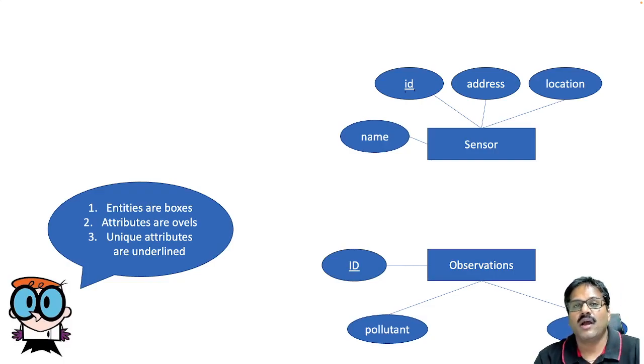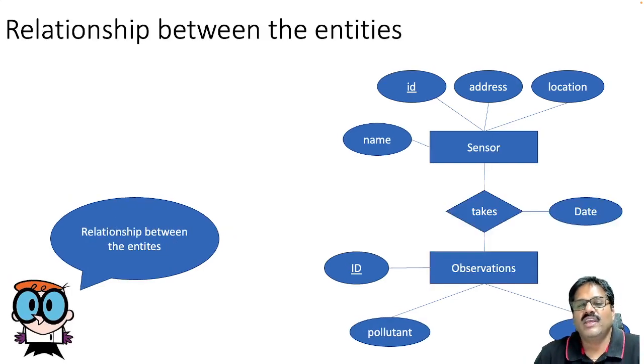Once we establish the entities, we establish relations. When we talk about relations, they are expressed with a diamond symbol. Sensor takes observations, and when are the observations taken? At a particular date.